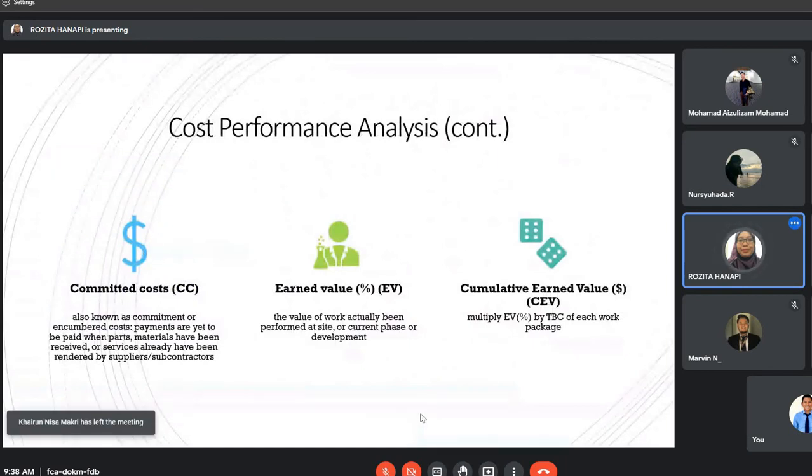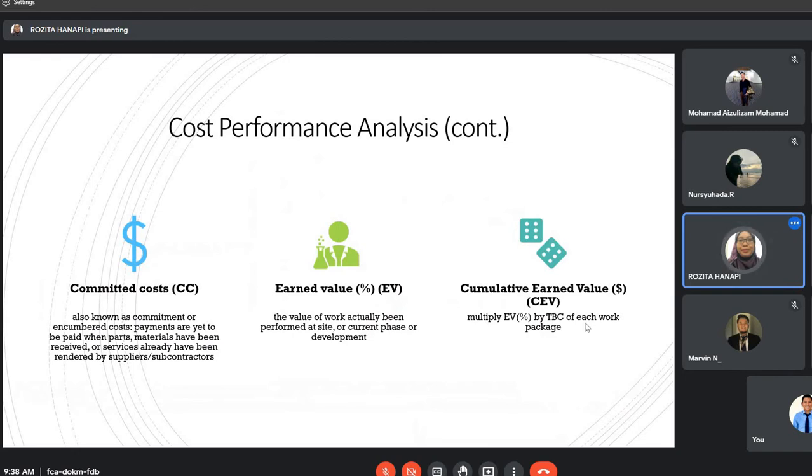Okay, ni. Cumulative earned value is you multiply the percentage by TBC of each work package. So I have the percentage already. Task A is 100%. So I need to multiply it with TBC of each work package. Okay. So I go back down. Sini tadi. Okay.